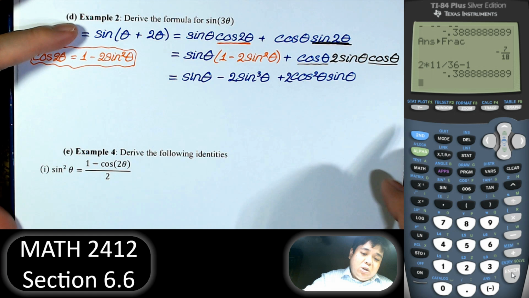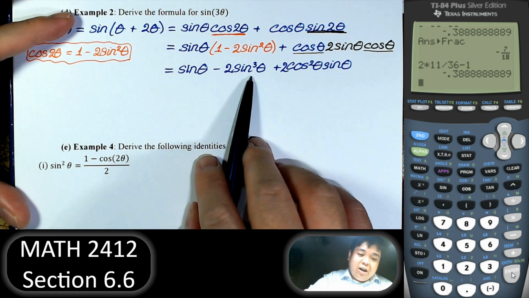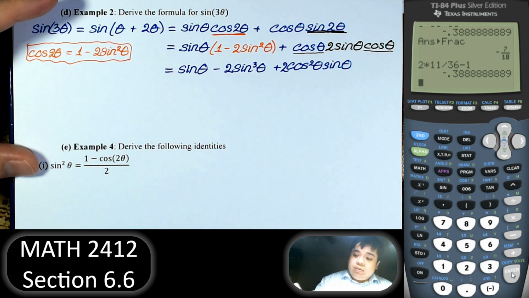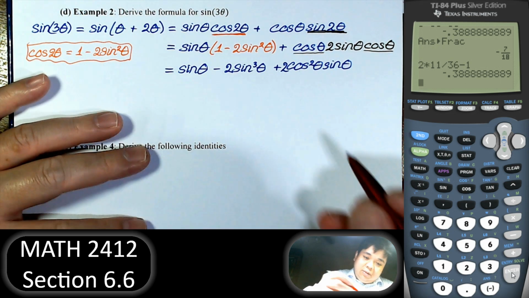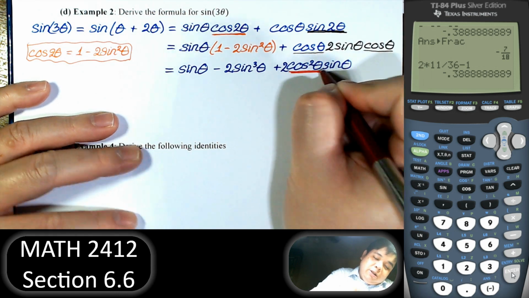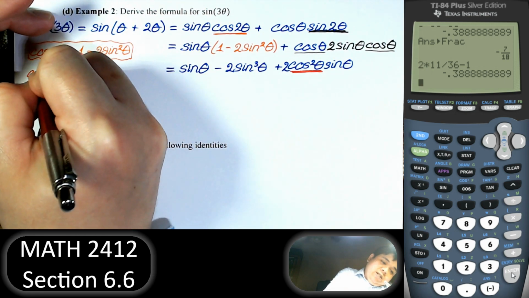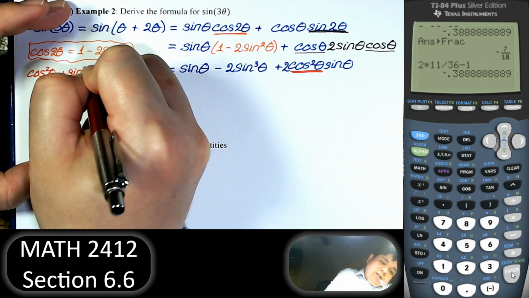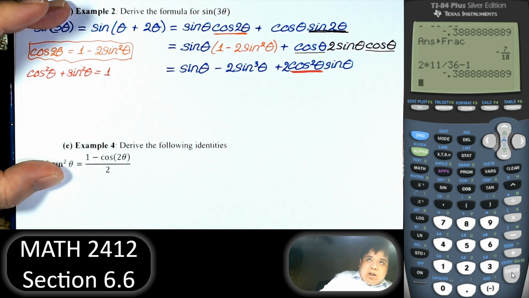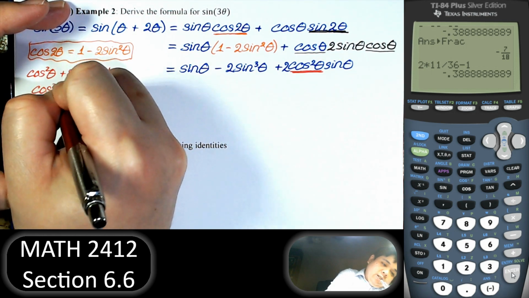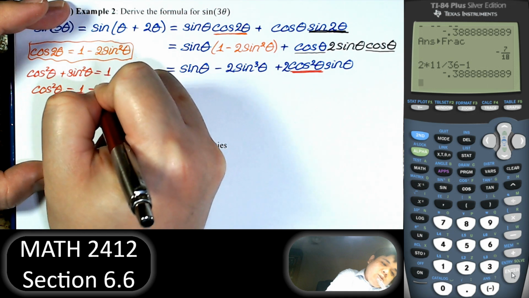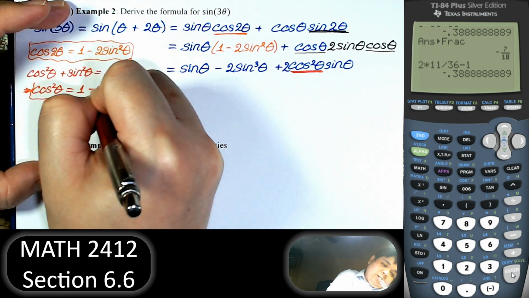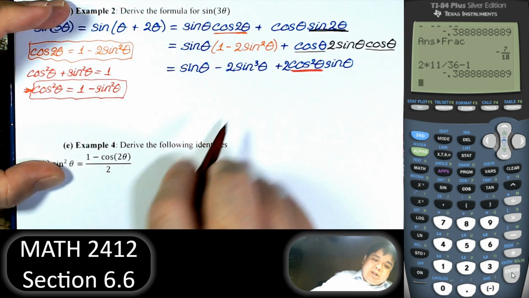Right. So it's good now that we have sine cube, and we need to write the cosine square here in terms of sine as well. We have cosine square plus sine square is 1, so cosine square is 1 minus sine square. And we substitute into that.